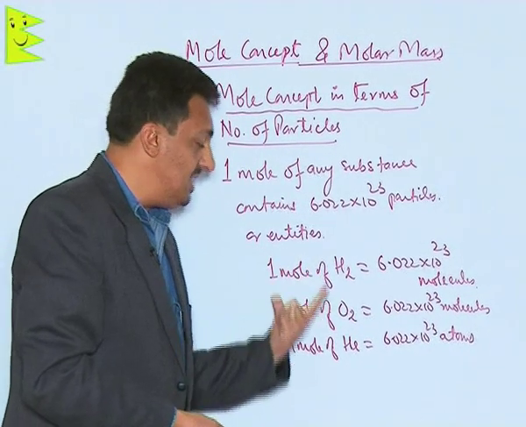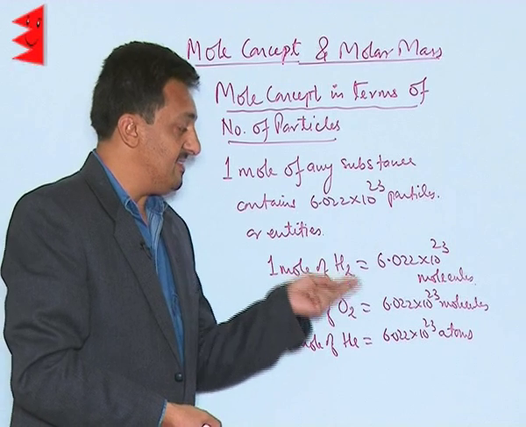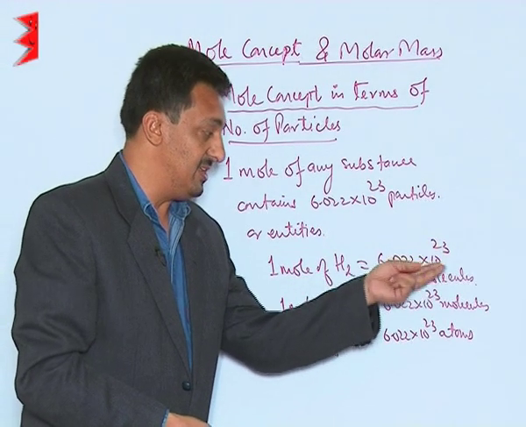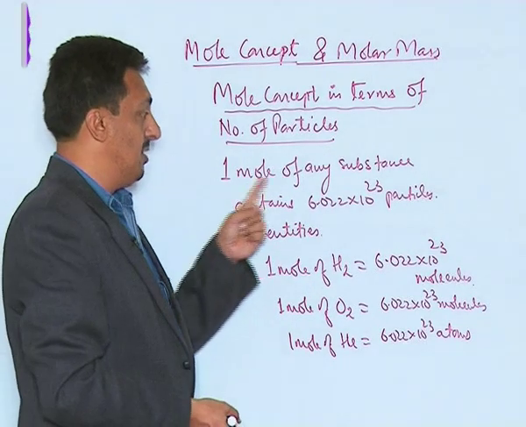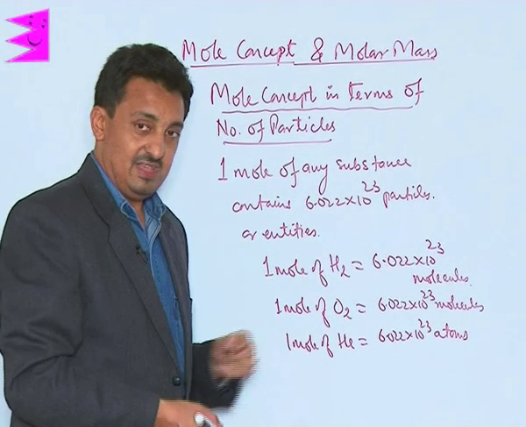So 1 mole of any substance contains 6.022 into 10 to the power 23 particles of that particular substance. This is mole concept in terms of number of particles.